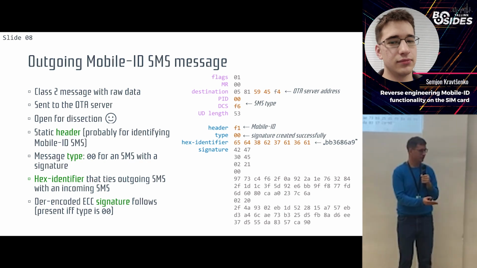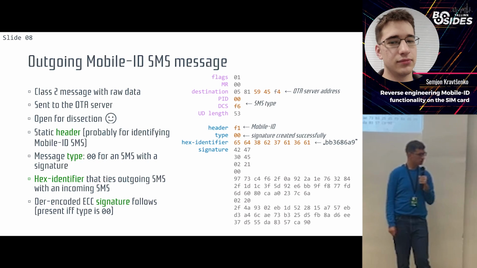I just had a short question: is there any theoretical way that the OTA provider could spoof your signature towards the provider? What do you mean by spoof? Just substitute. Instead of you getting the SMS and sending the request back, would it be possible that, for example, Elisa says you signed this request, when you actually haven't entered your PIN code?